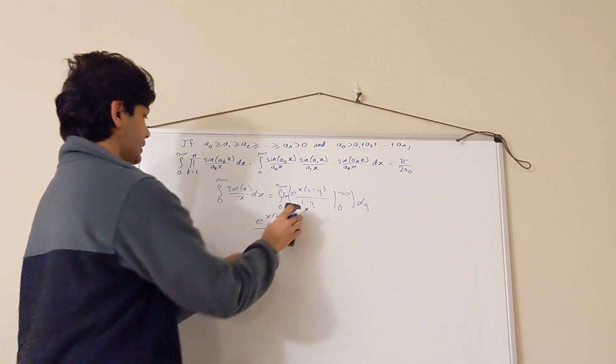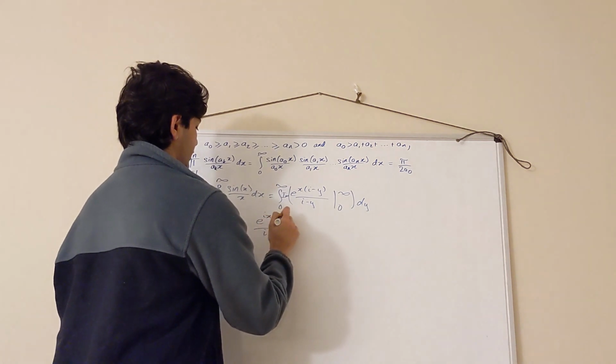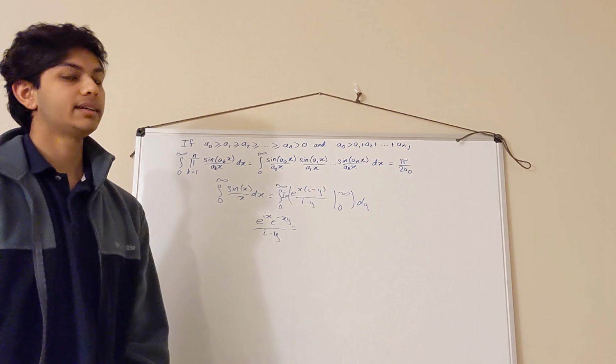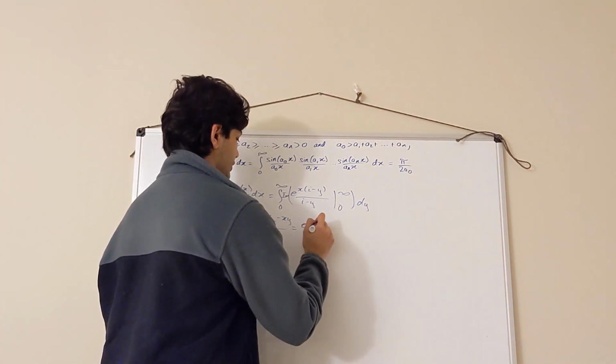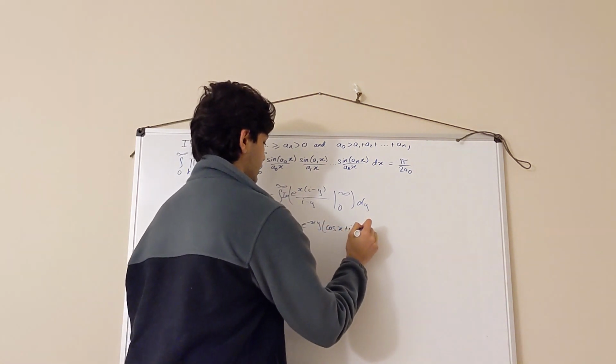First, we rewrite this as e to the power of ix times e to the power of minus xy. And that allows us to rewrite e to the power of ix as cosine x plus i sine x. So this is e to the power of minus xy times cosine x plus i sine x.